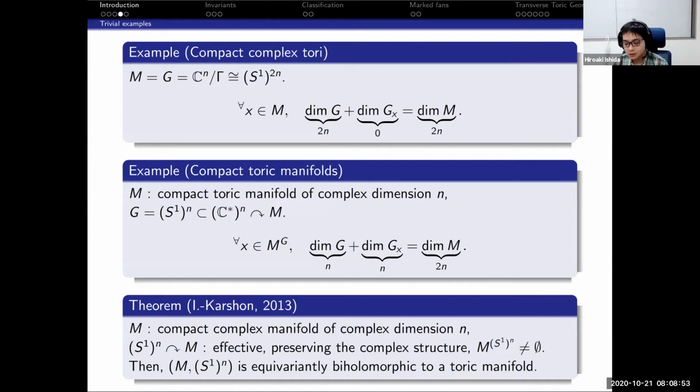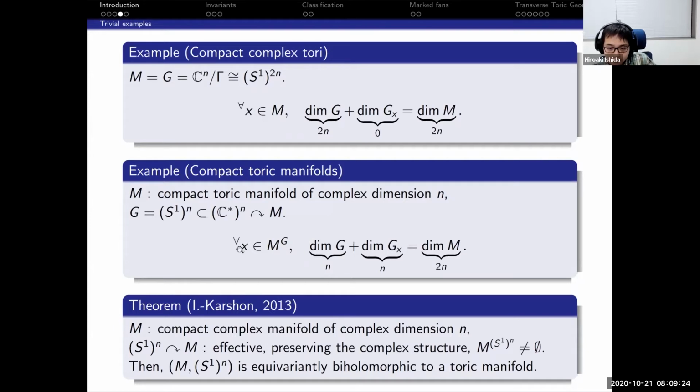The next one is also a trivial example in some sense. Let M be a compact toric manifold. Toric manifold means non-singular toric variety. Compact toric manifold of complex dimension n. And let G be the compact torus of the algebraic torus acting on the toric variety.